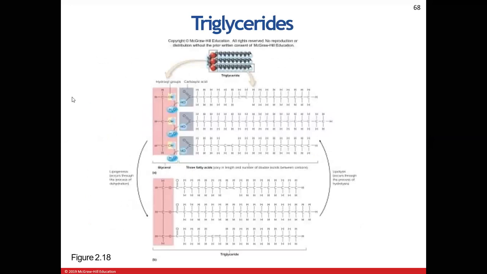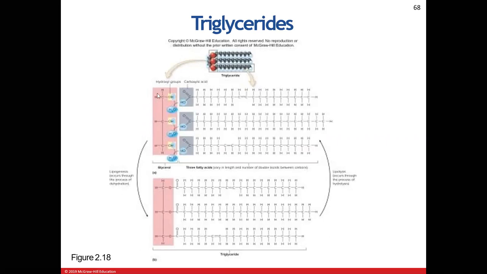Here's an example of what a triglyceride looks like. You can see your glycerol backbone, your 3 fatty acid chains, and how they bond to the glycerol backbone here. Again, we're pulling water out of each of these bond-forming structures to give us this particular triglyceride.